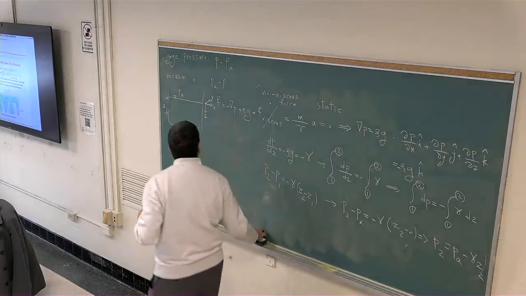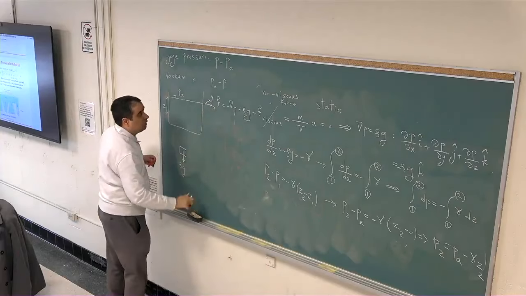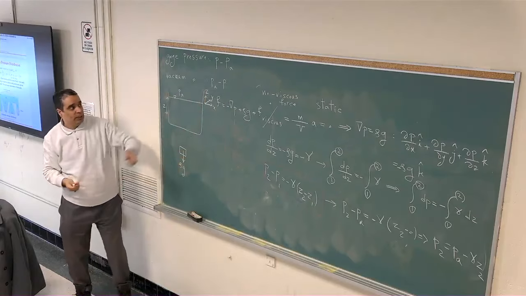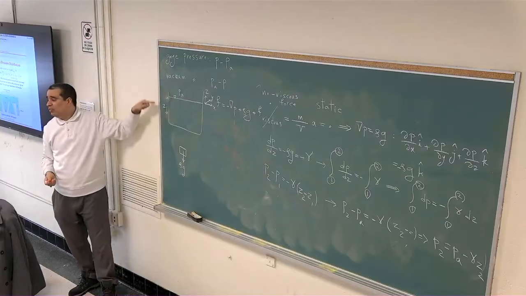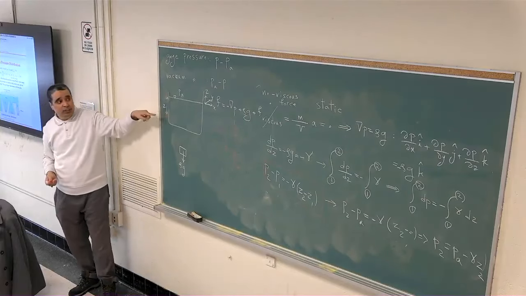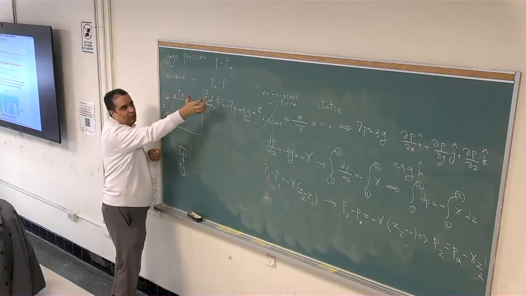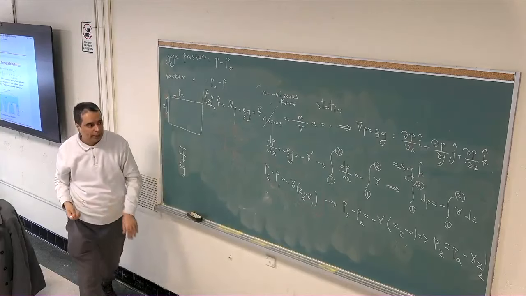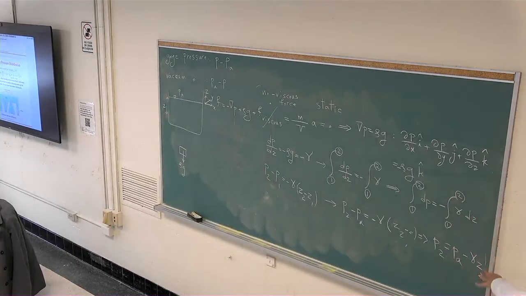I should put the Z direction positive on top, not bottom. Please correct the Z. Z is upward. This has a negative Z, because the correct axis is like this one: X, Y, Z. So P2 is equal to PA minus gamma Z2.